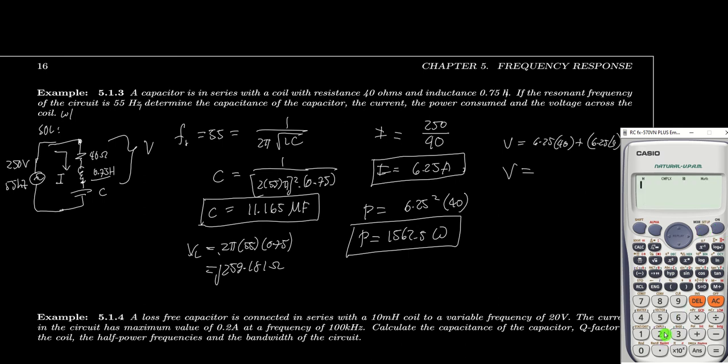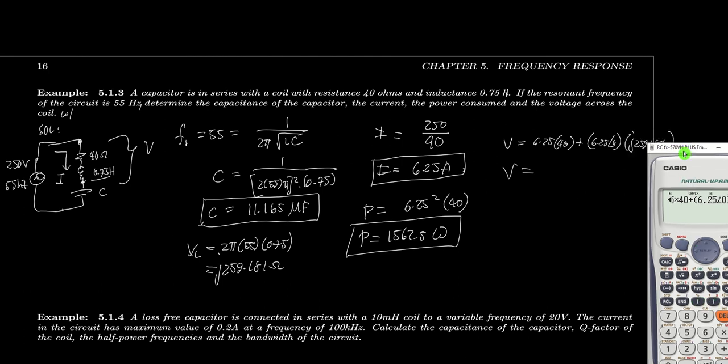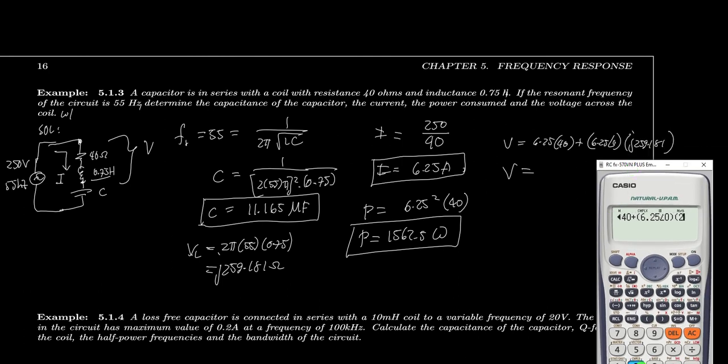So mode complex, and we have 6.25 times 40 plus 6.25 angle 0, then you multiply this with 259.181 i. And this is equal to 1639.06 volts.